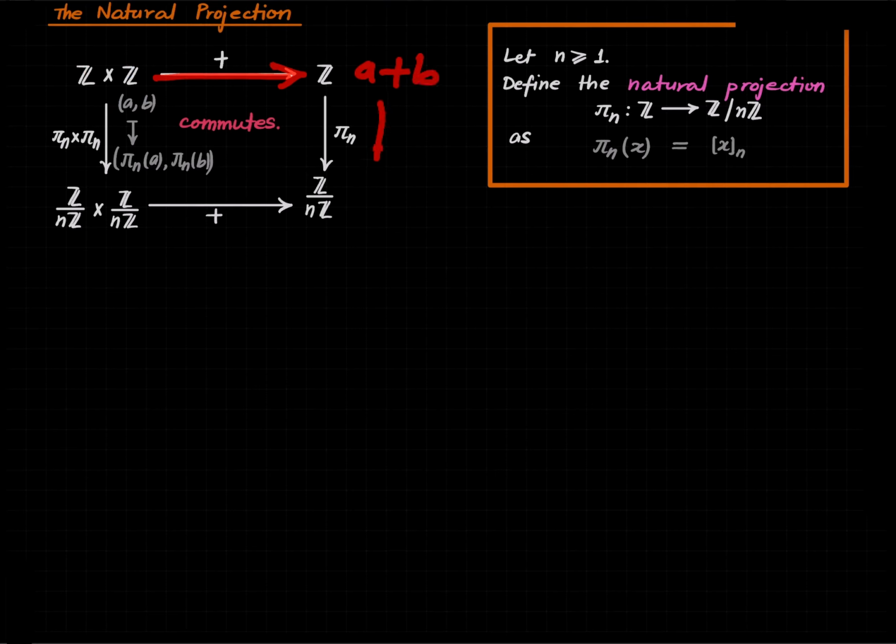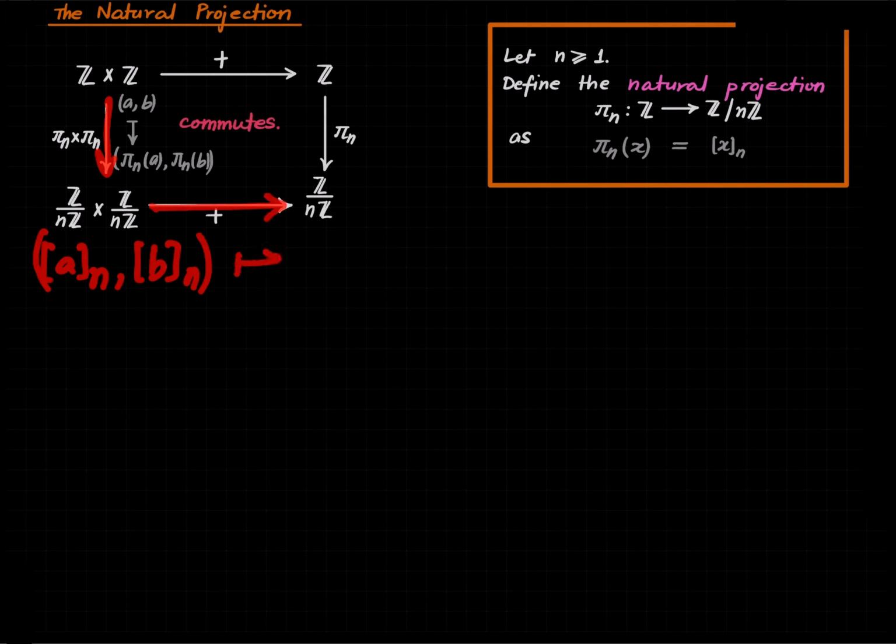You travel via this arrow, you get the equivalence class of a plus b. Okay, that's one way to reach here. There is another way to reach here, which is by following these two arrows. Start with a comma b. You apply this arrow, you become this thing. And then you apply this arrow, you become, by definition or just by change of notation, that thing.